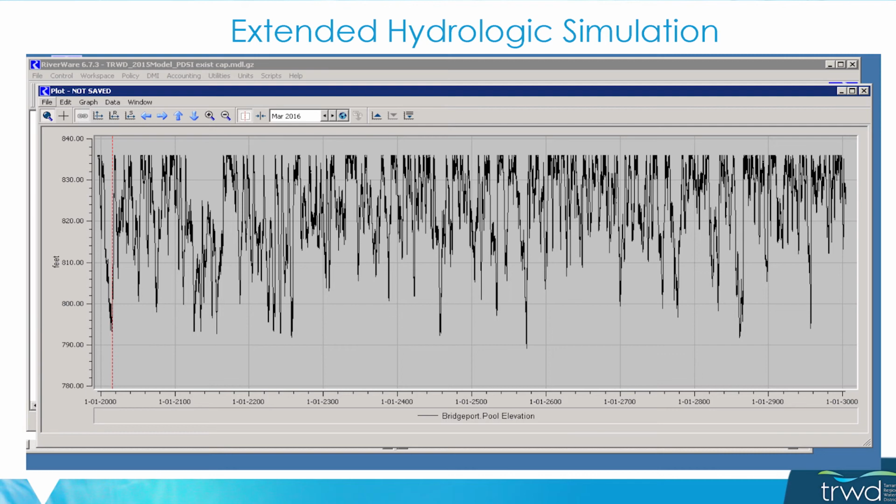We can use this model to overlay forecasted future demands and see how our operational rules are performing in terms of reliability. It got pretty scary at some times. You can see where the reservoir did get a little bit low, but none of them ever ran dry. So it was encouraging that our system is, at least theoretically, more reliable through some of these more extreme periods.